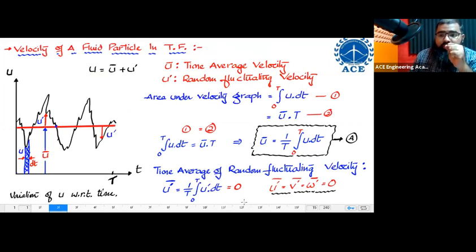So to make negative deviation also positive, you square everything. Then you put a square root to scale it back to the actual value. You first squared it up, so you have to scale it back. Therefore, you're putting the square root over here. So this is the logic for RMS of random fluctuating velocity.